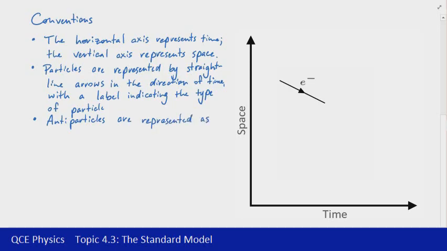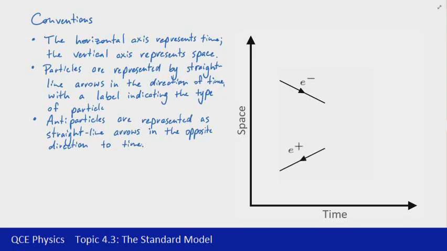So they're still represented as straight line arrows, but now the arrows are in the opposite direction to time. So that's to indicate that they're antiparticles. It doesn't indicate that they're moving that direction in time. It's simply a convention to show that they're an antiparticle. And continuing the example, here we have a positron represented.